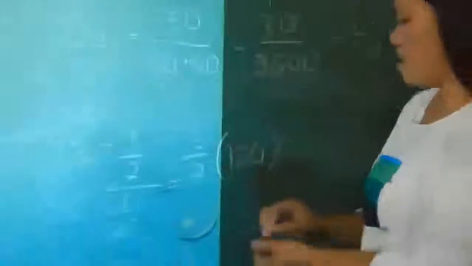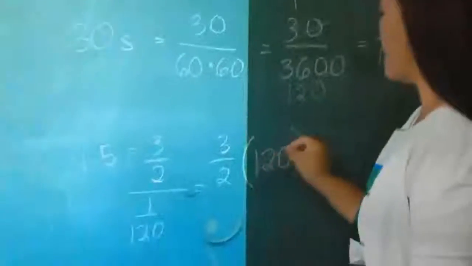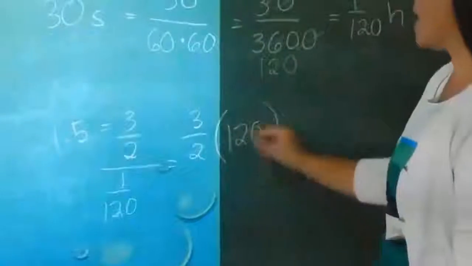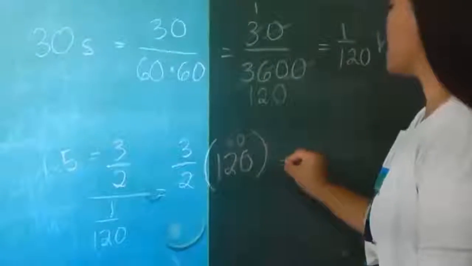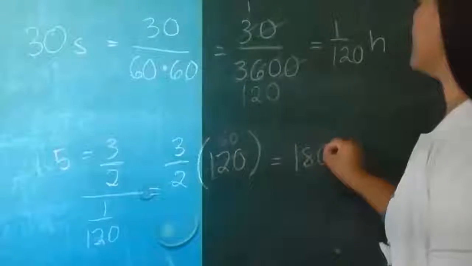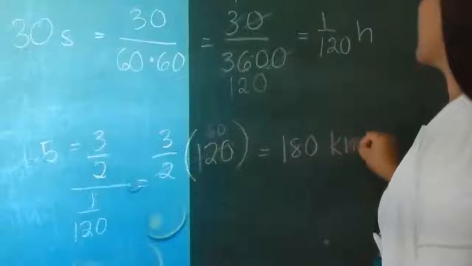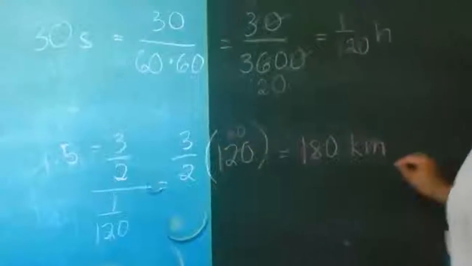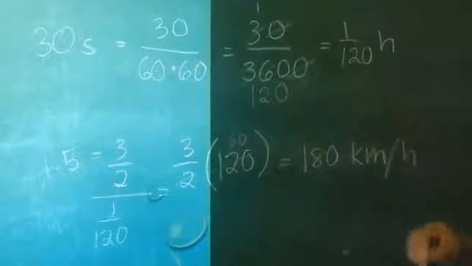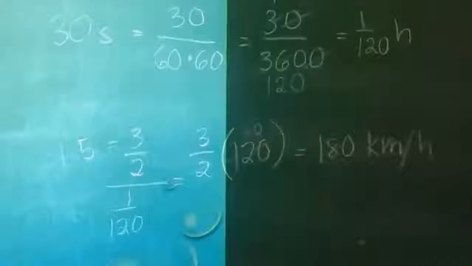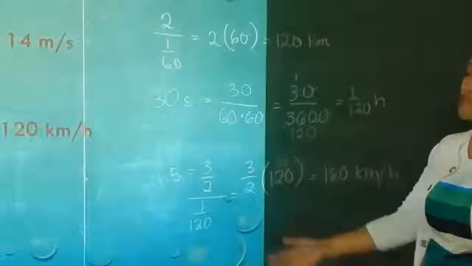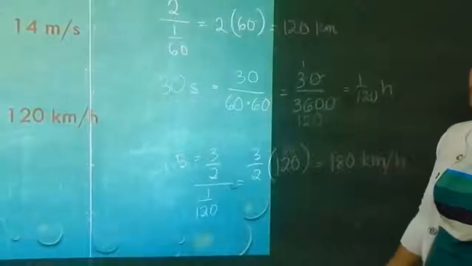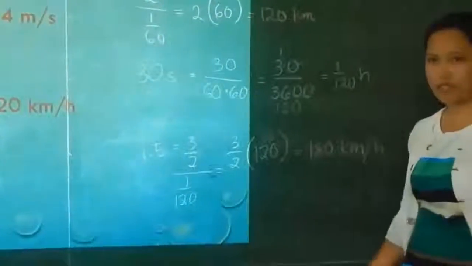So cancel 120 and 2. We have 60. So 3 times 60 gives us 180 kilometers per hour. That's how we find the average speed of 1.5 kilometers in 30 seconds.